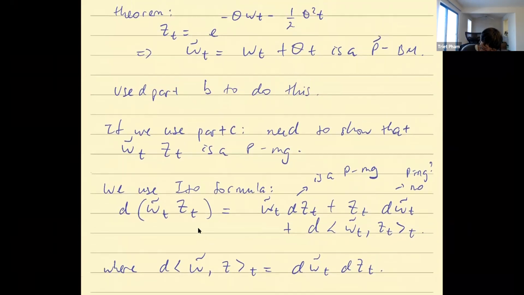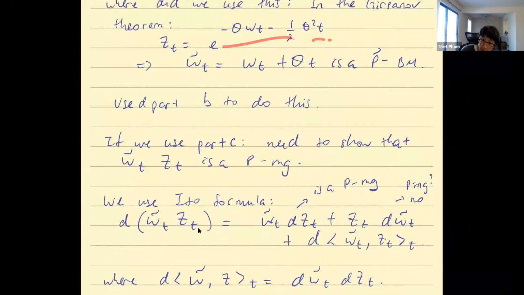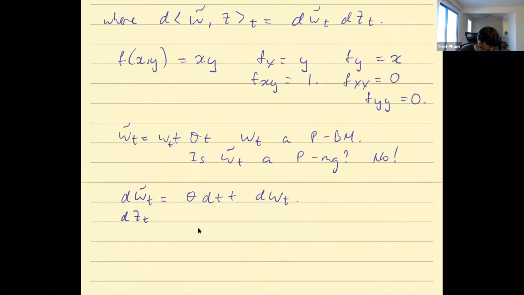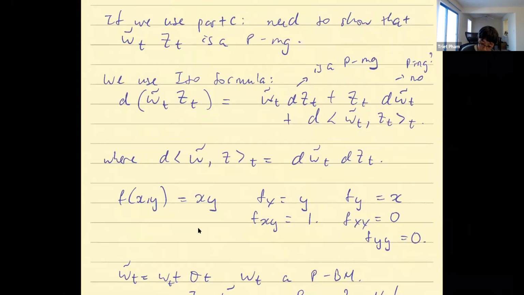Well, this is Z T right here. So I hope it's no surprise that dZ T is minus theta Z T dt, minus theta Z T dW T, because this is the solution.